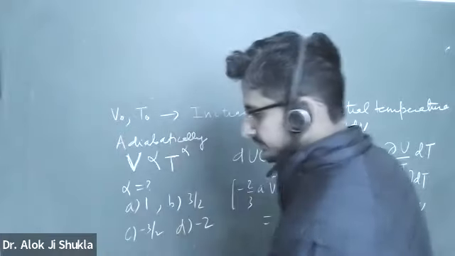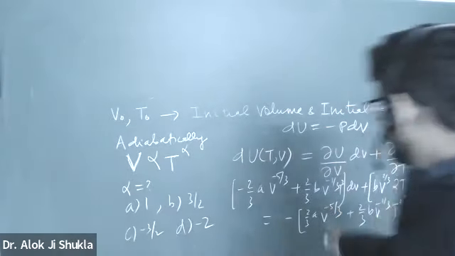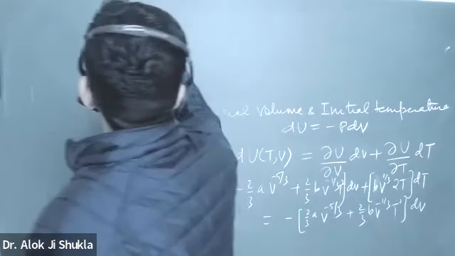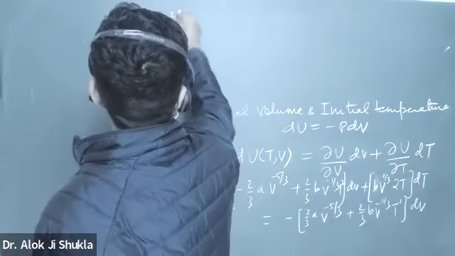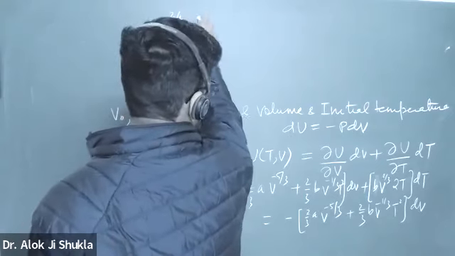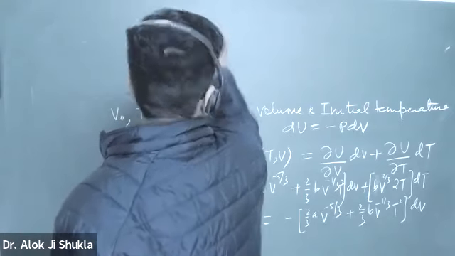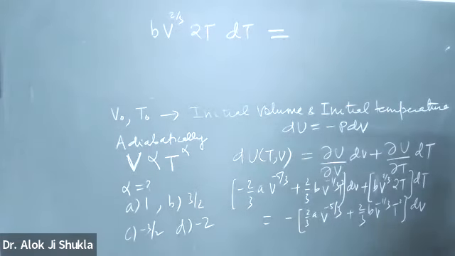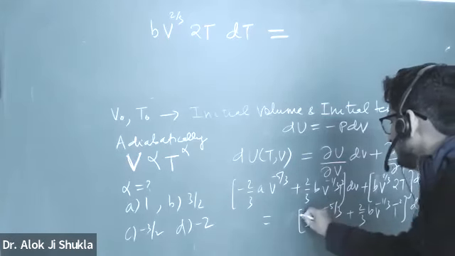What will it become? Take this one to this side and keep it. So this will be b v to the power 2 by 3 dt 2t and dt is equal to. What if we bring this side? It is like this, minus 4 by 3 b v to the power minus, and minus.